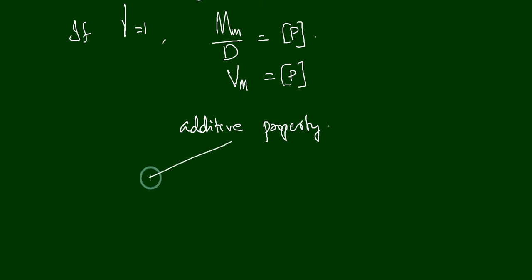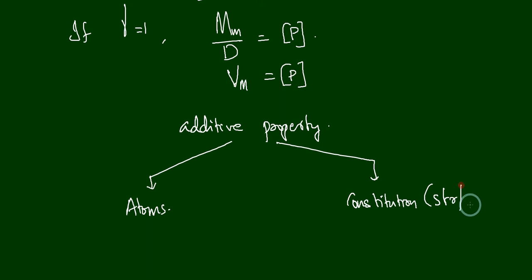The first contribution is from the atoms present in the molecule which constitutes the liquid, and the second contribution is coming from the constitution of the substance, or simply the structure of the substance, or the chemical structure of the substance. So the contribution towards the total parachor will be coming from the atoms and also the chemical structure of the molecule.